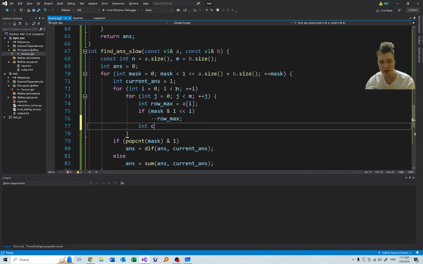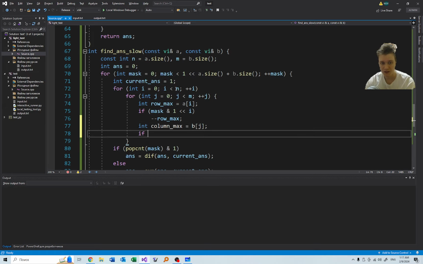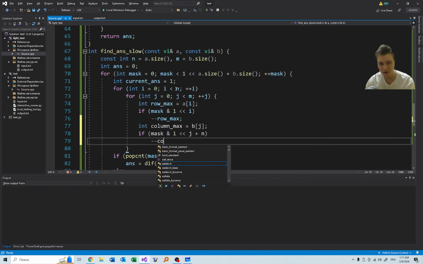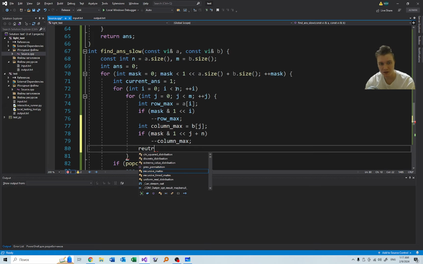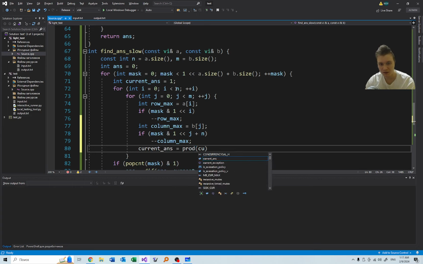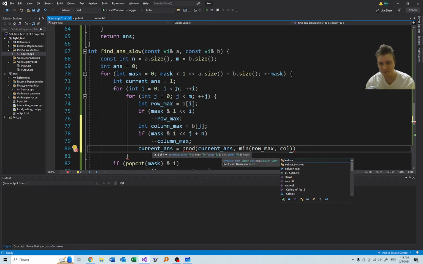The same for column max. If mask contains bit of 1 over j plus n, we subtract column max. So in the end we can say that current ans equals product of current ans and minimum of row max and column max.